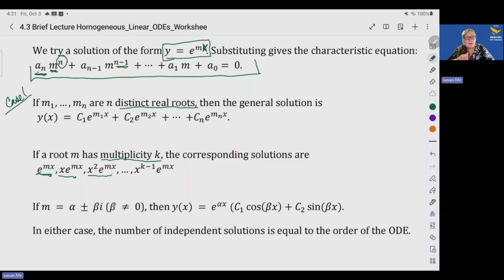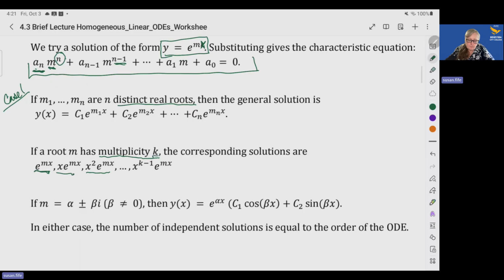Notice that you're multiplying the previous solution by an additional x for each one of those k's up to a multiplicity of k. So that'll give you x to the k minus 1 e to the mx as that highest power. So this is case 2, repeated roots. We'll just write that here, repeated roots.